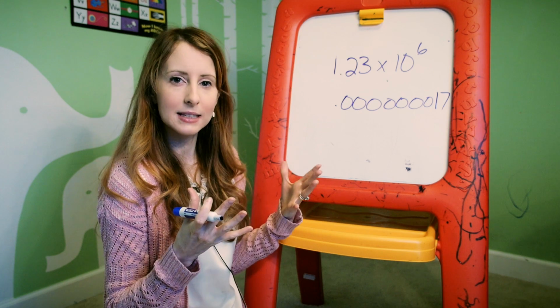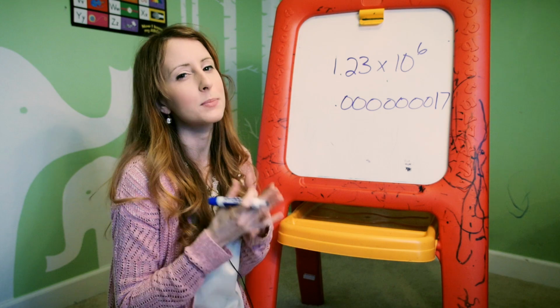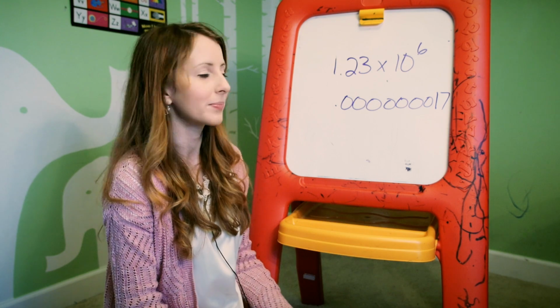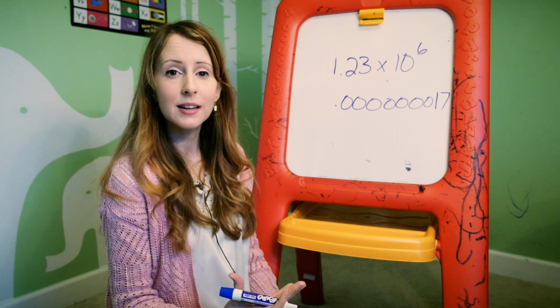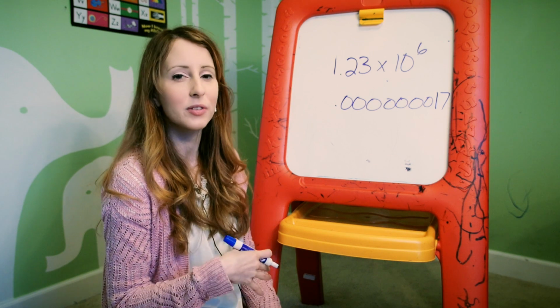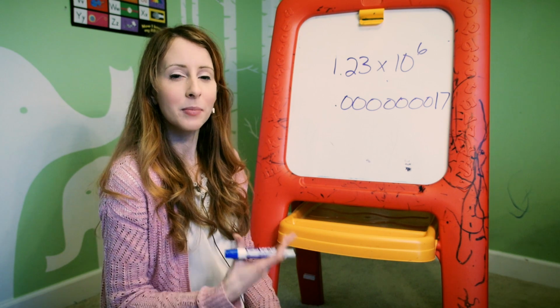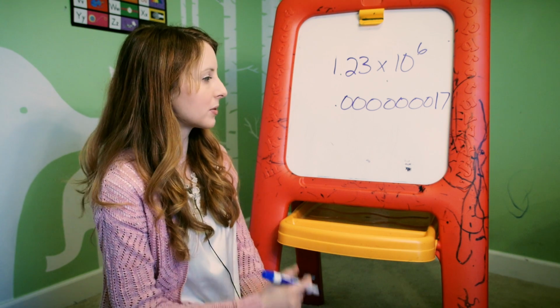And then if you write it in scientific notation, it's just a shorthand, easier way, especially in your science curriculum, to represent a very small number. Like, let's say it could be the weight of a molecule. When you get into chemistry class, you'll talk a lot about the weight of different types of molecules, and you might see a lot of your numbers written in scientific notation for that reason.